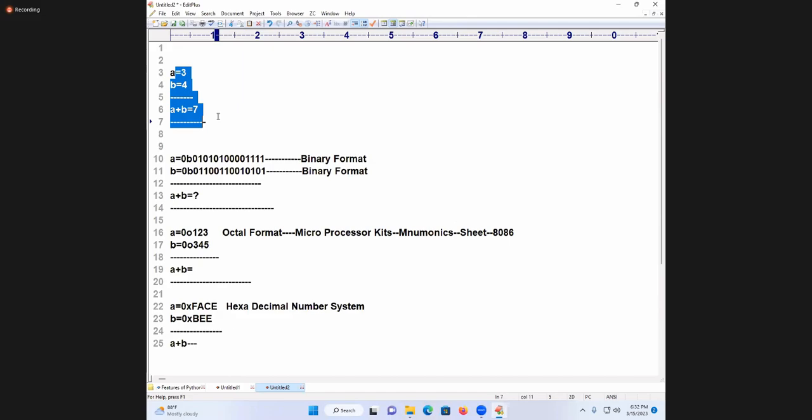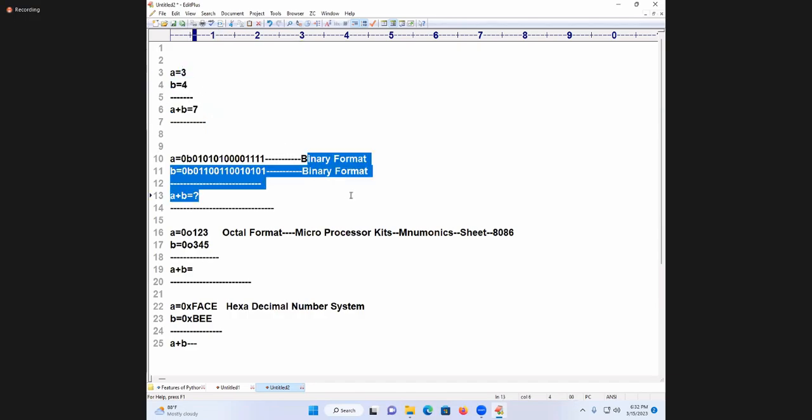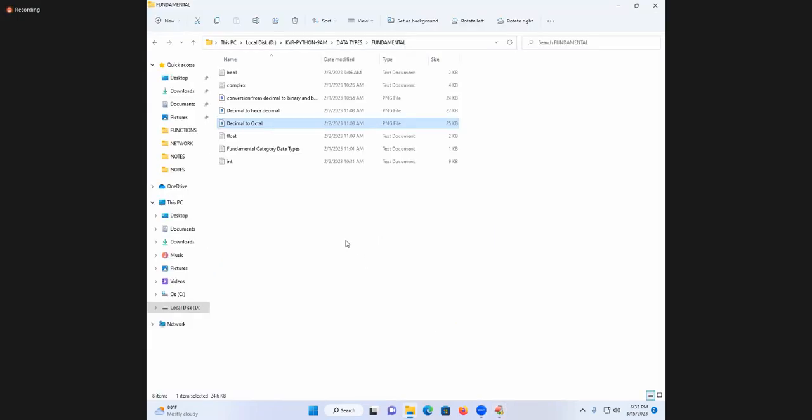Binary is also converted into what? That's why Python converts into an understandable format. It is known as what? High level language. Even a high level language value can be converted into binary format, octal format, and that's why Python acts as a conversion between number systems. So coming to the practical environment, I will show you.